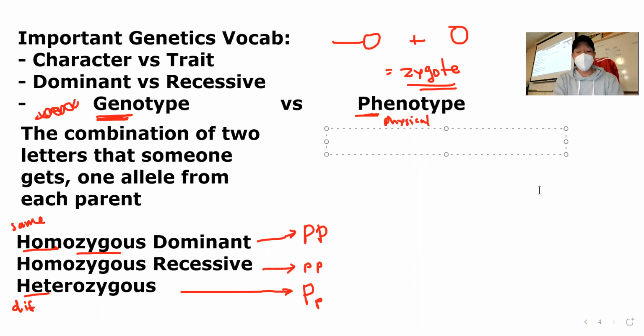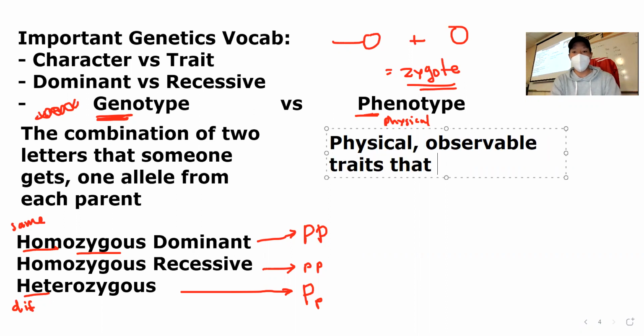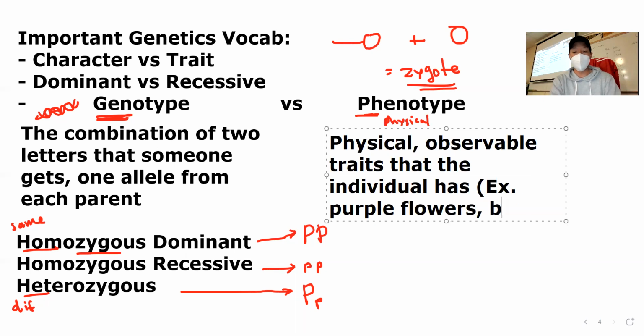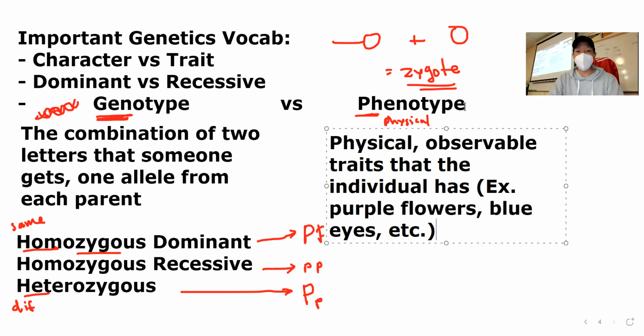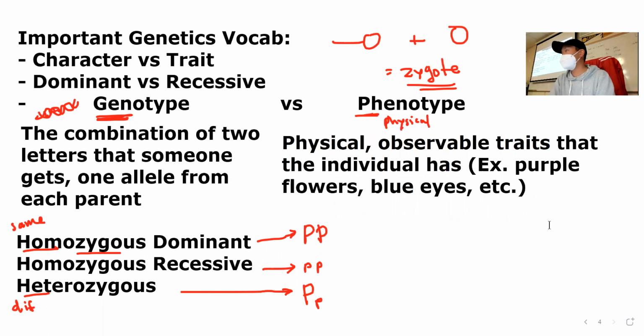So the phenotype is the physical, observable traits that the individual has. So for example, purple flowers, blue eyes, etc. Okay? If you can look at it and notice it and describe it, then that is referred to as their phenotype. And you can remember that because phenotype starts with PH, just like the word physical.